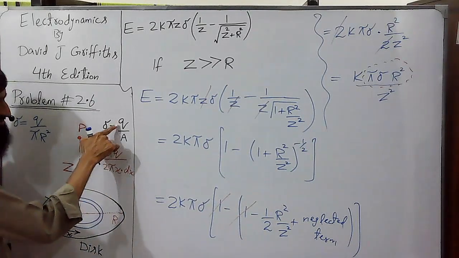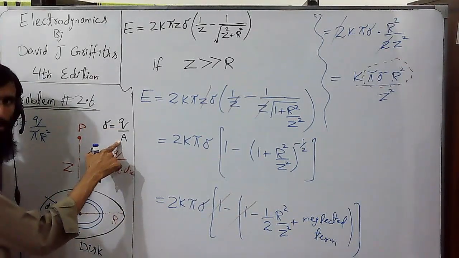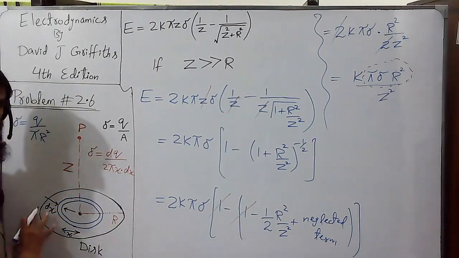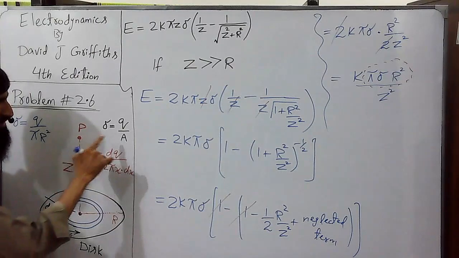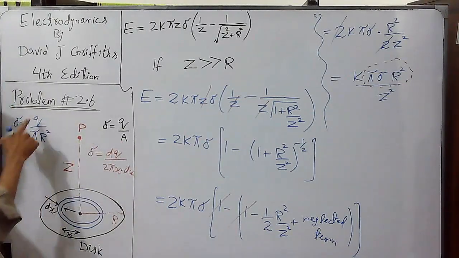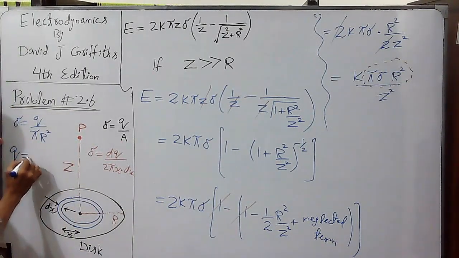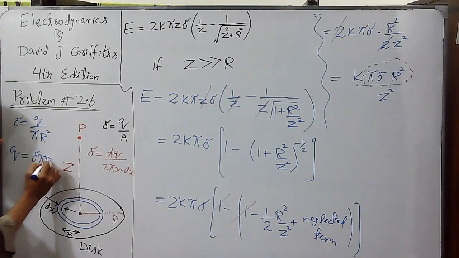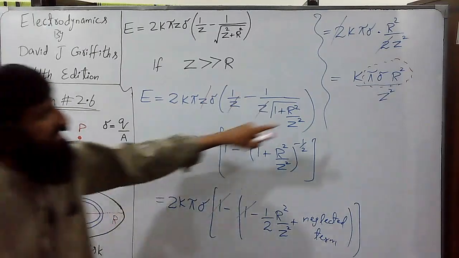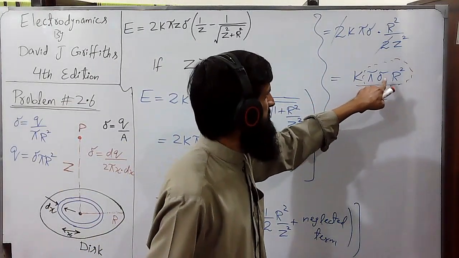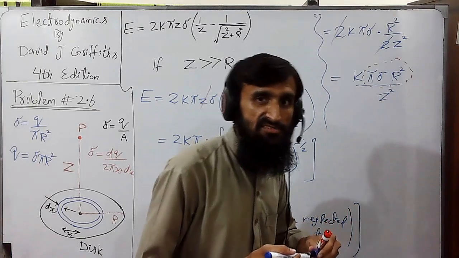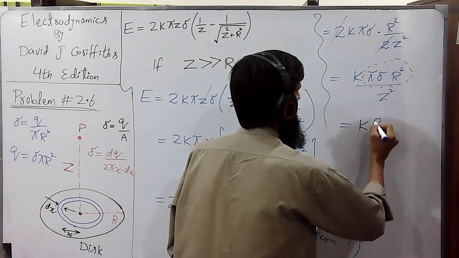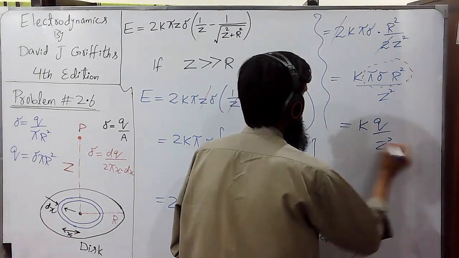That was the charge of the disk and that was the area of that disk. Now by separating the value of q, it becomes sigma pi r square. It's pretty clear that sigma pi r square gives the complete charge of that disk, so it becomes k q divided by z square.